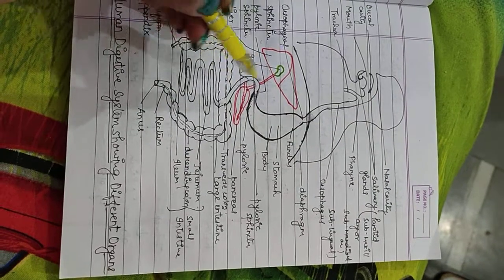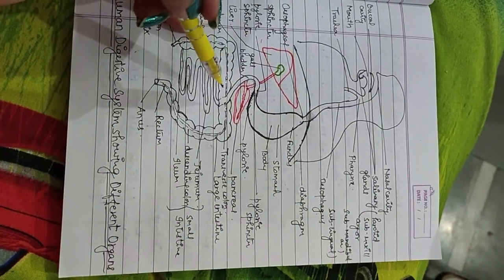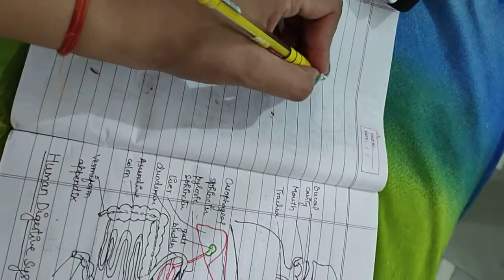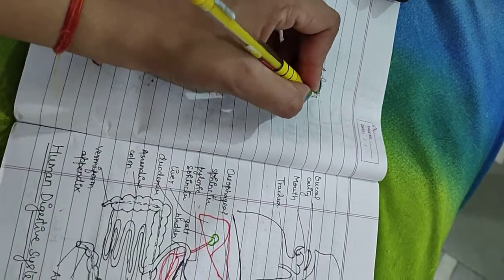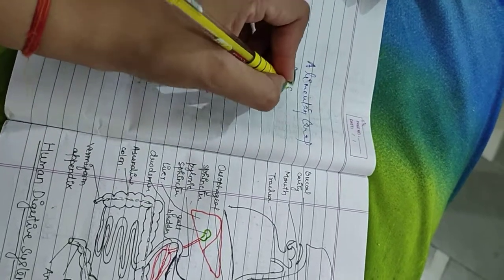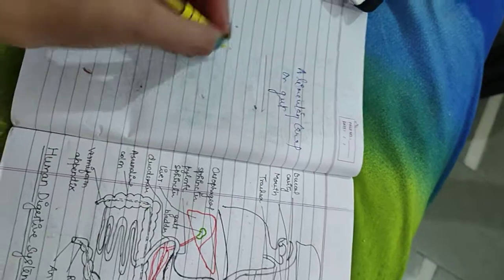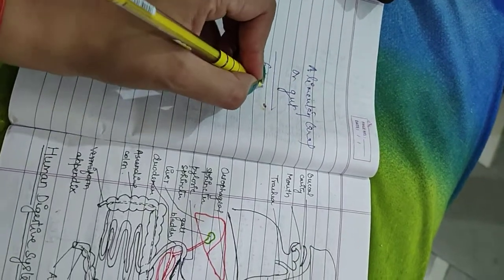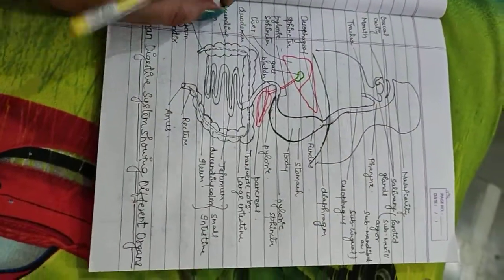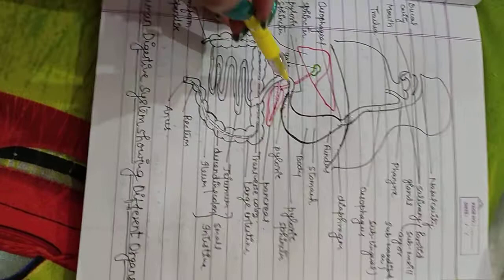As we know, our alimentary canal, which is also known as the gut, is about 6 to 9 meters long. It varies from individual to individual.